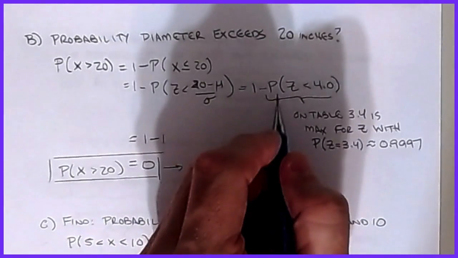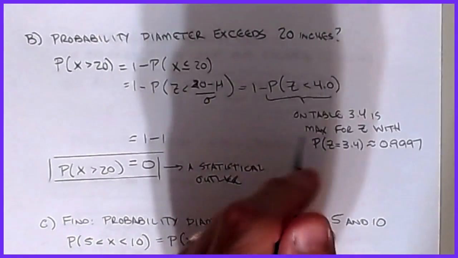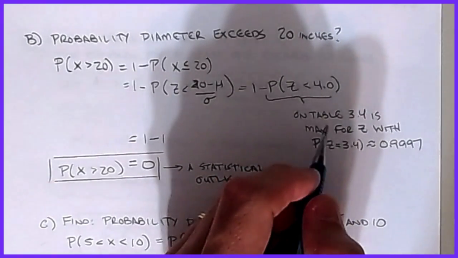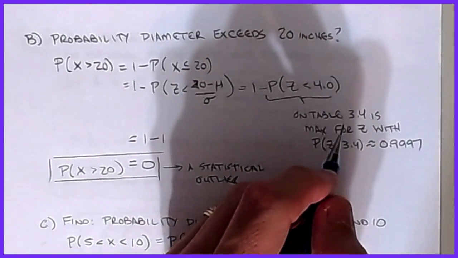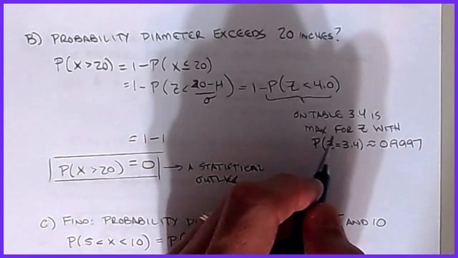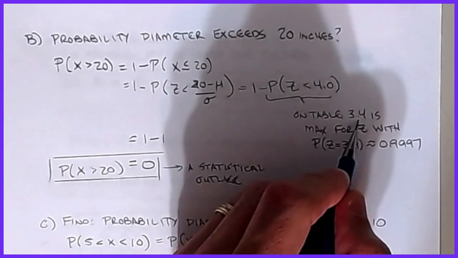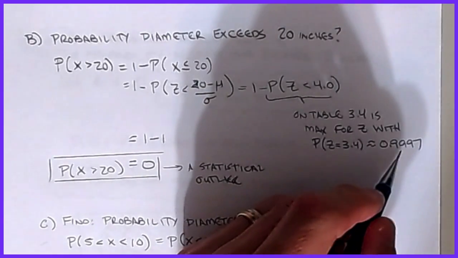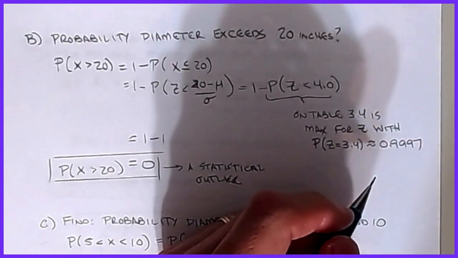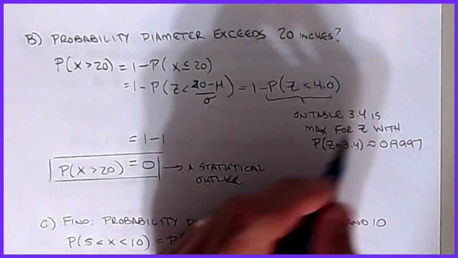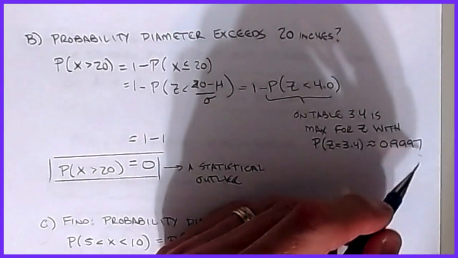All right, so 1 minus the probability of z less than 4.0. On the table in the appendix that I just showed you, the maximum value of z was 3.4, and it had a probability of around 0.9997. Actually, I think it was 0.9998, but we're so far down in the decimals here it doesn't make a lot of difference.